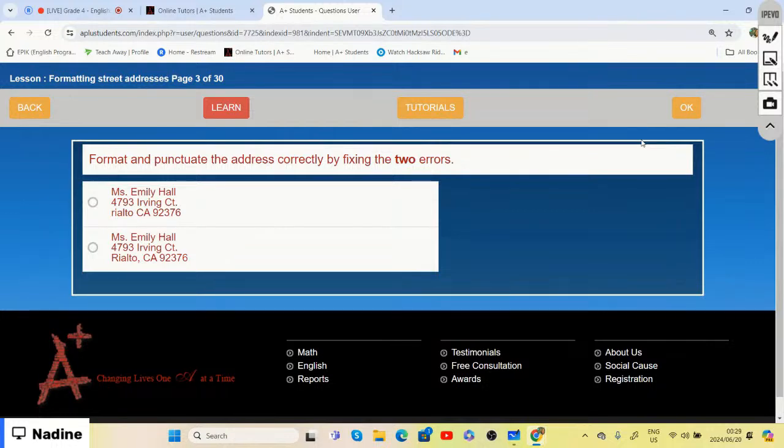We're going to have to format and punctuate the address correctly by fixing two errors within this address. So is it option 1 or option 2?